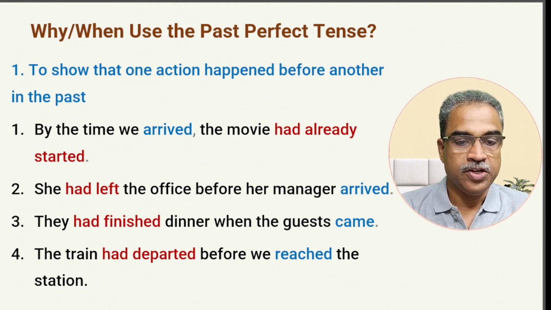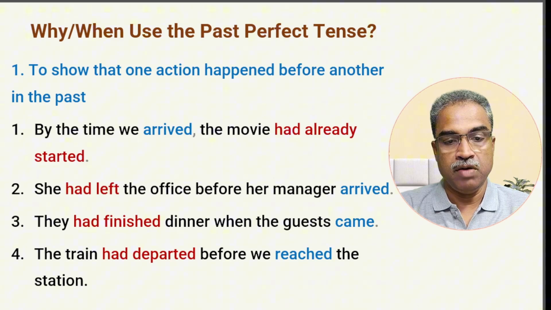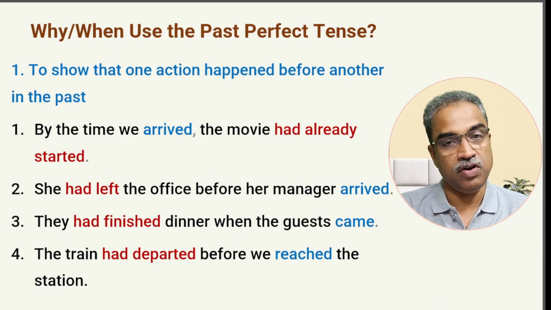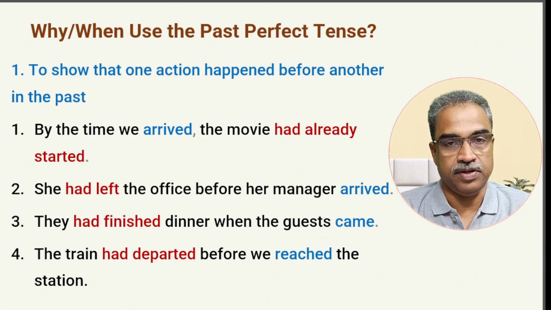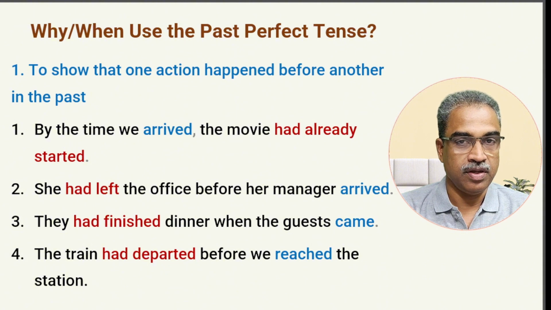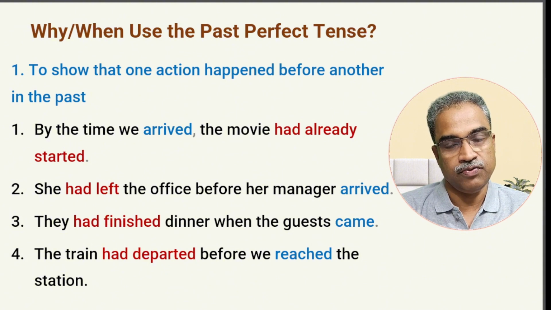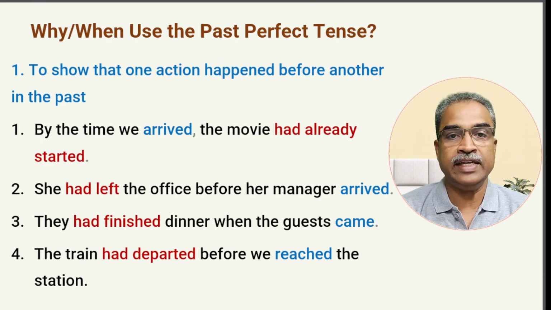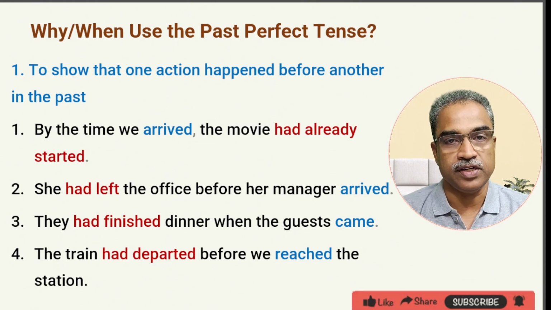Second sentence. She had left the office before her manager arrived. Two things happened. Her leaving the office, her manager arriving. Now, which happened first? Of course, her leaving happened first. So we put that part in the past perfect tense.